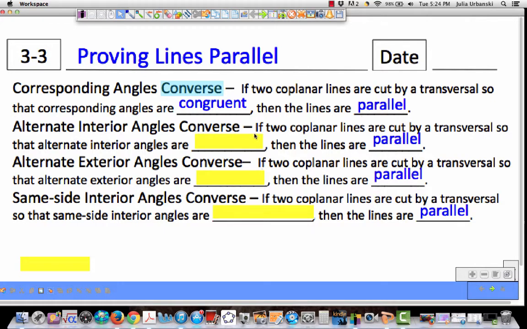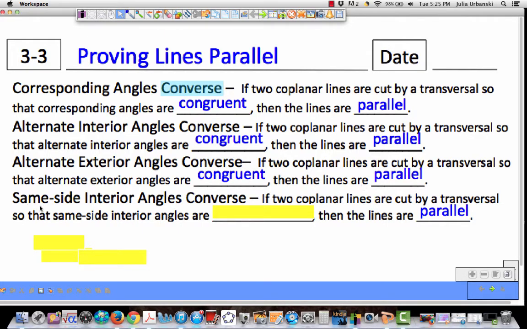Think about this one. If two coplanar lines are cut by a transversal so that the alternate interior angles are congruent, then the lines are parallel. And likewise, alternate exterior angles are supposed to be congruent. When two lines are cut so that the transversal makes alternate exterior angles congruent, then the lines are parallel.